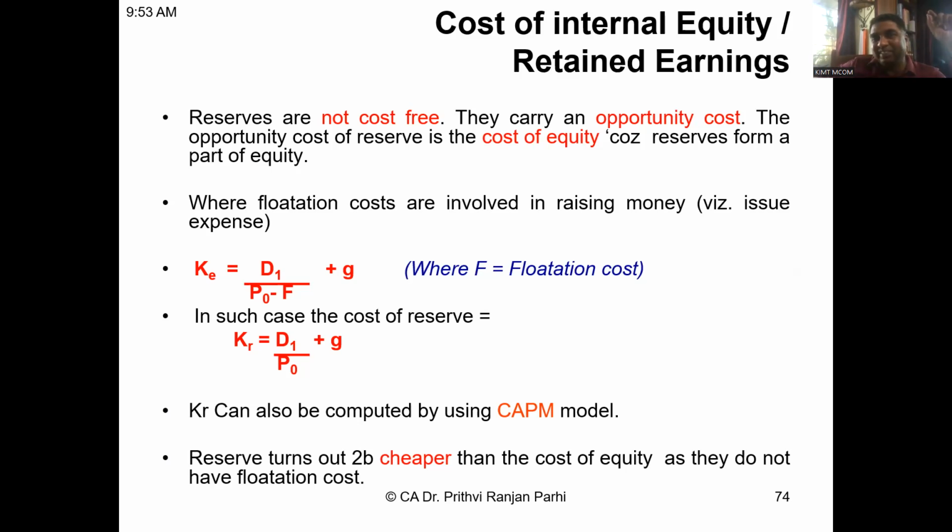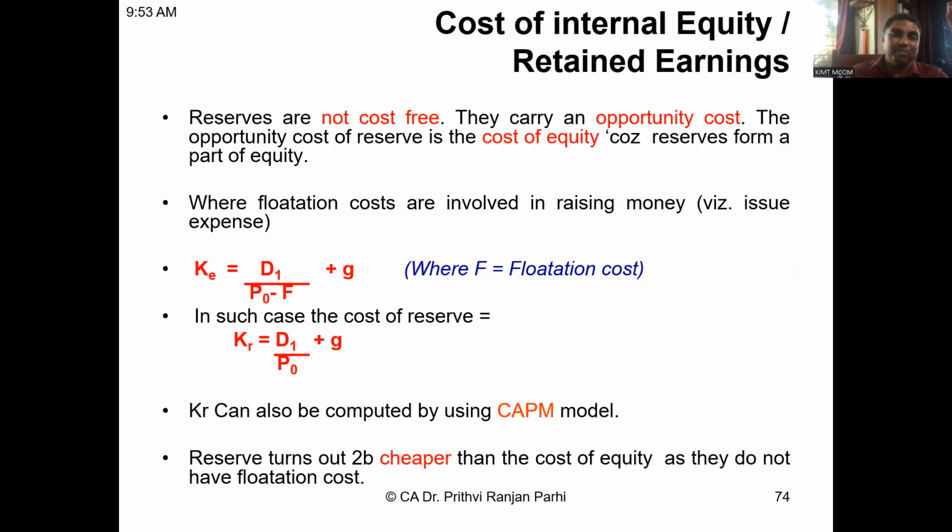Therefore, there will be a small modification in the formula. For example, KE is D1 by P0 plus G. But P0 means what? Price as of today. Suppose today's price is 100 rupees. Then we'll take 100 rupees. But if there is a flotation cost, that means to issue the shares, you have to spend 5 rupees. That means actually you are not getting 100 rupees.